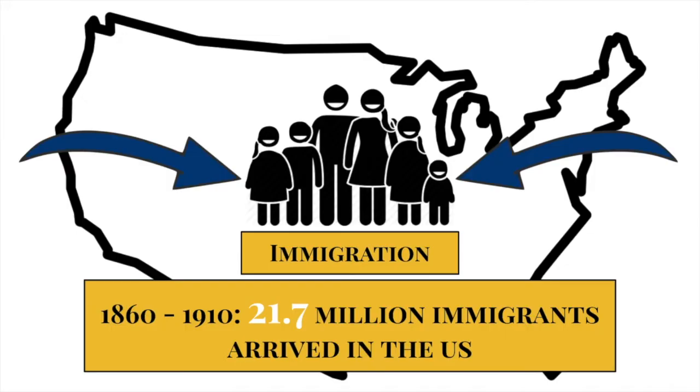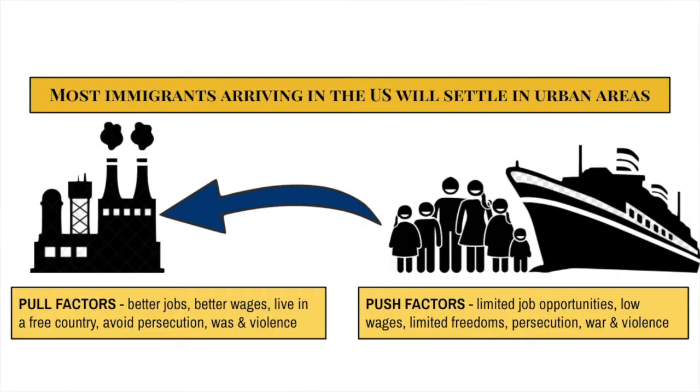Between 1860 and 1910, 21.7 million immigrants are going to arrive in the United States, helping to fuel this huge population growth. And when people from overseas come to the United States, most of them will be settling in these urban areas, again, fueling this growing economic and industrial development. They're the ones getting the jobs in the factories. They're the ones working to produce these goods.